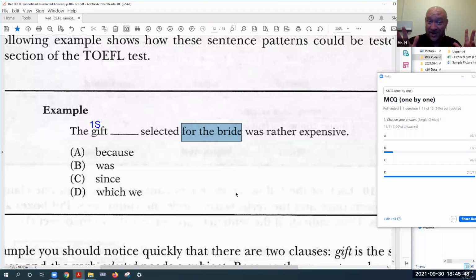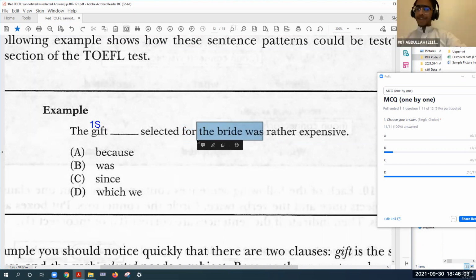Do you remember? We call it the object. Exactly. So you selected, you think that this matches the bride? You just lost marks on the TOEFL. You see? Okay. Now I get it. You get it now? All right.